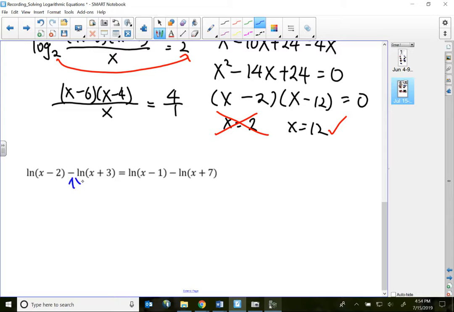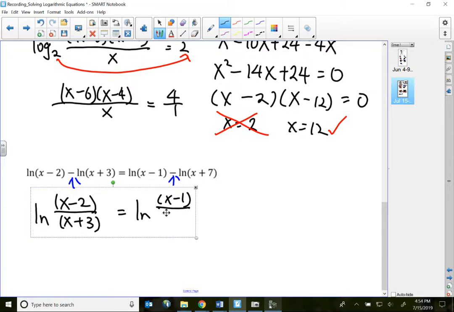Because this one, subtraction sign between these two terms on the left will tell me this is going to be a natural log of (x minus 2) over (x plus 3) is equal to natural log of (x minus 1) over (x plus 3), that plus 7. So once the natural logs are equal, then I can set what they are equal to each other.